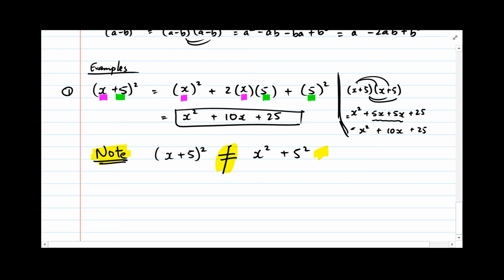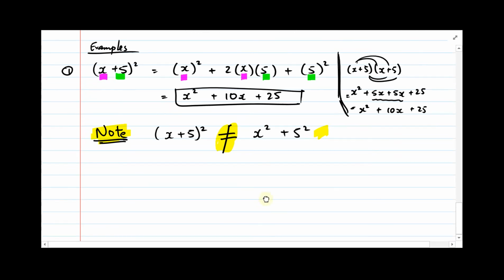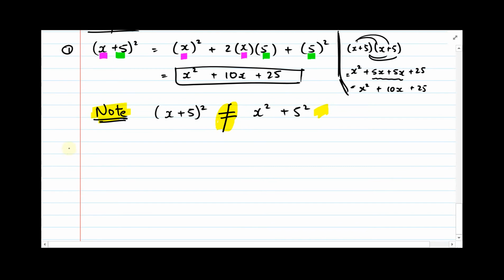Alright, let's just do some arbitrary examples and see what we come up with. Let's do something a little bit more interesting than the coefficient being 1. So suppose we have 2x plus 7, squared. Again, first term squared, 2 times that mixed product, and the last term squared.